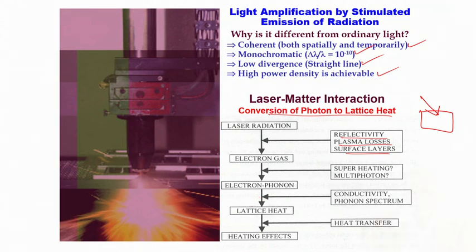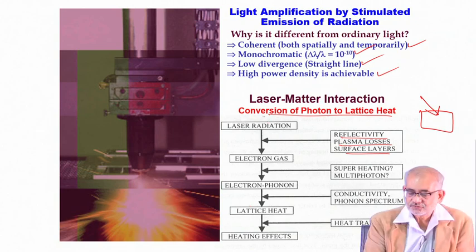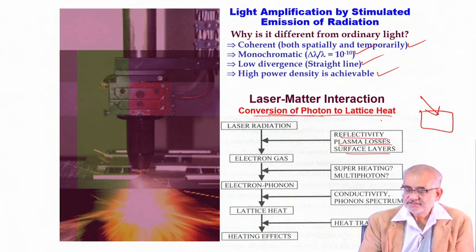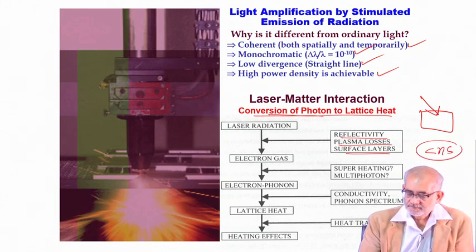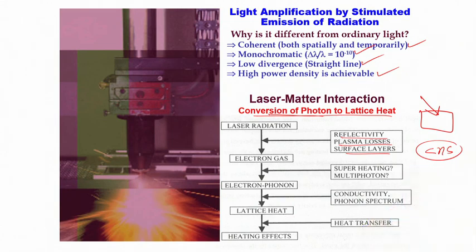That's the reason why the conversion of incident photon into lattice heat is very fast, typically less than a nanosecond. This conversion eventually creates lattice heating, and then the heat from the surface will gradually propagate down below and also sidewise.